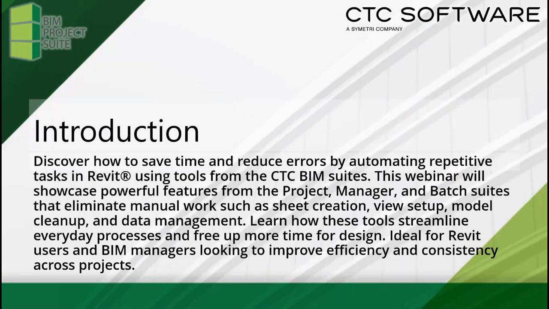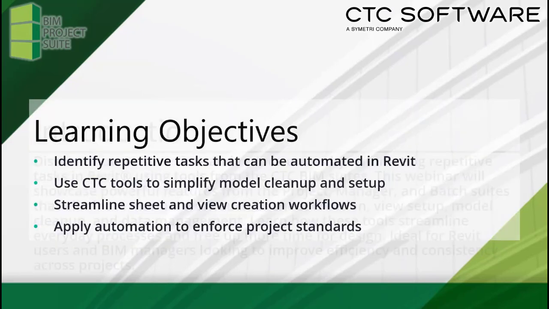So that's what we're going to talk about today, how we can automate and define some settings that assist with automation in tools from the BIM suites. We're going to touch on a couple from the project suite, a couple from the manager suite, and from the batch suite. So today we're going to talk about what are some of those repetitive tasks. We can't talk about them all because there's dozens of them, I'm sure.